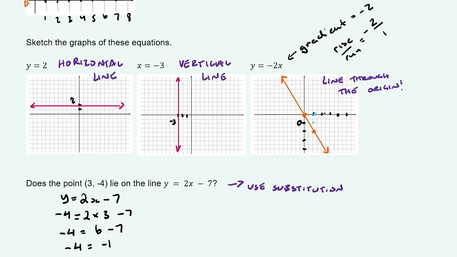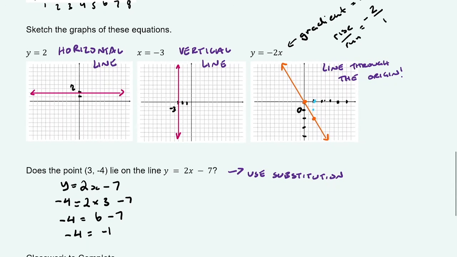You can see there that it is not, in fact, equal. So the answer to our question is no. Because that doesn't work out, that point does not lie on that line.